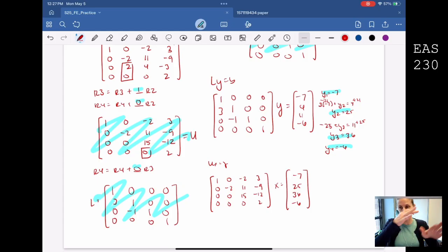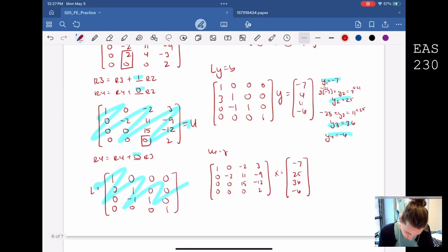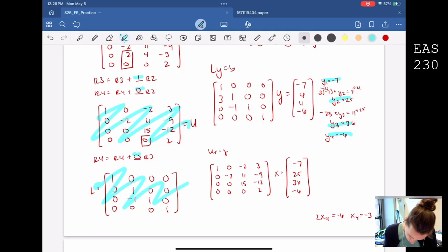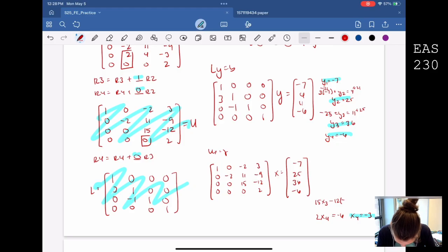So I start with my last one and work my way up. 2x4 equals -6, or x4 equals -3. So there's my first unknown. 15x3 minus 12 times x4 equals 36. So minus 36, so x3 conveniently ends up being 0.